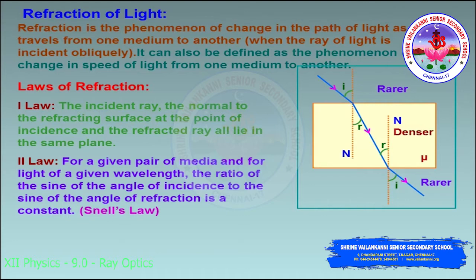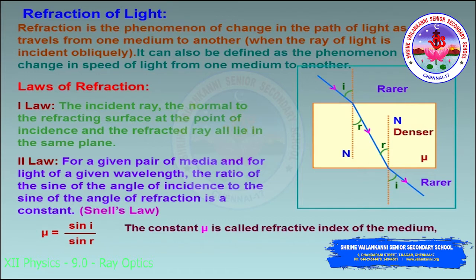That is nothing but the ratio of the sine of the angle of incidence and the sine of the angle of refraction is constant for a given pair of media, right? So we can say that mu, the refractive index, is equal to sin i by sin r. So the constant mu, what we said, is the refractive index of the medium.